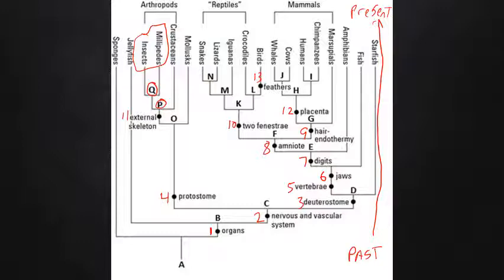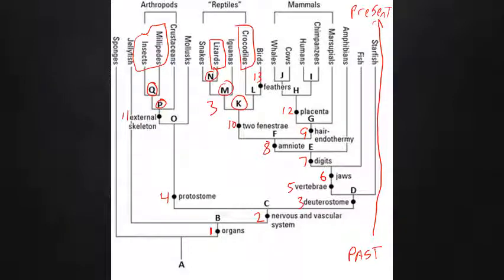Now, looking at the rest of the phylogenetic tree, if I ask the question, what do you think is more similar, whales and cows or lizards and crocodiles? You might think lizards and crocodiles. But let's look at the phylogenetic tree. Lizards and crocodiles are separated by 1, 2, 3 nodes.